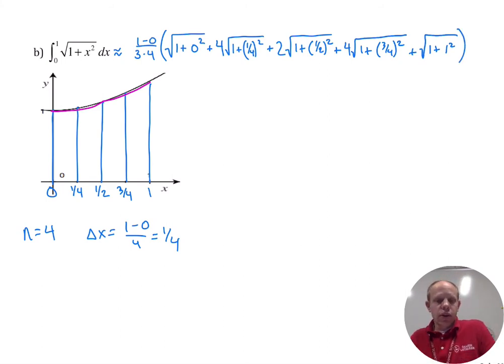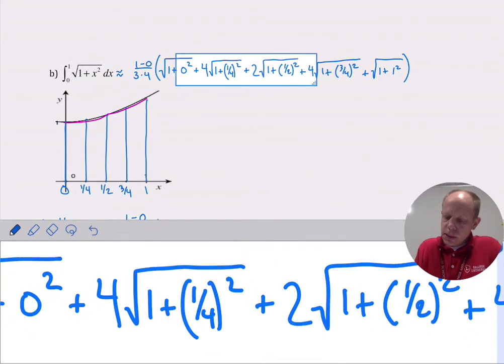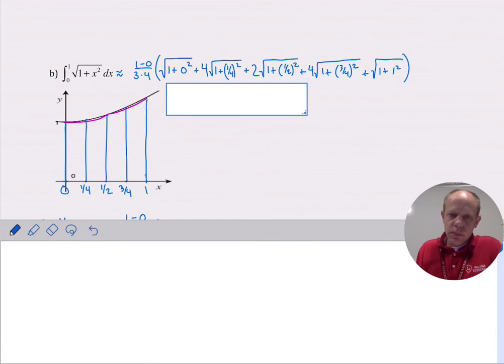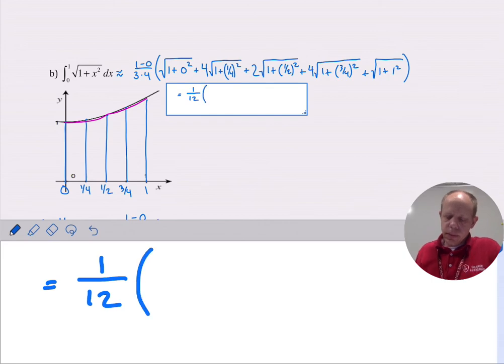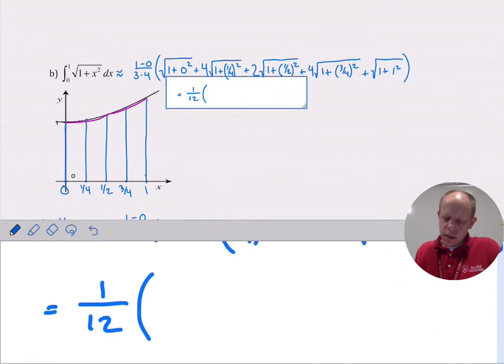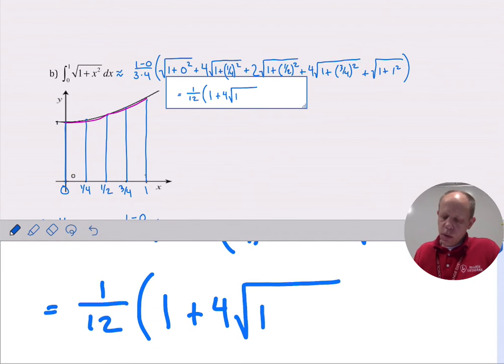Okay, now again, you can type this entire thing into your calculator, or you could simplify this down a little bit before you plug it into your calculator. And so I'm going to do that here. You're going to get 1 over 12. The very first one is going to end up being the square root of 1, so that's just 1. The next one will be 4 times the square root of 1 plus 1/4 squared, so that's plus 1 over 16.